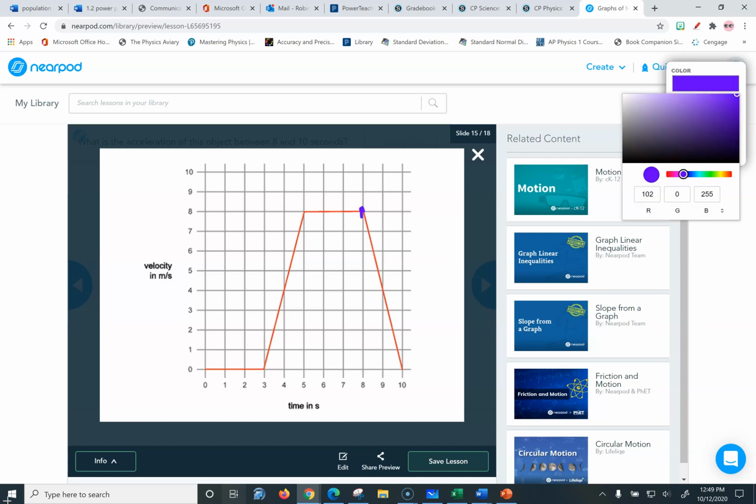Okay, so 8 to 10 seconds. We need the area, remember, from here to here.